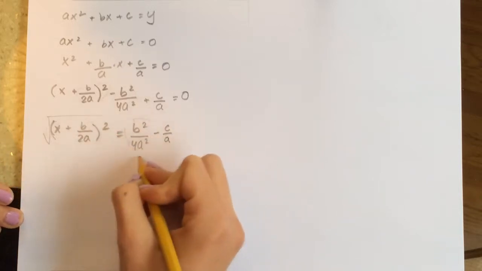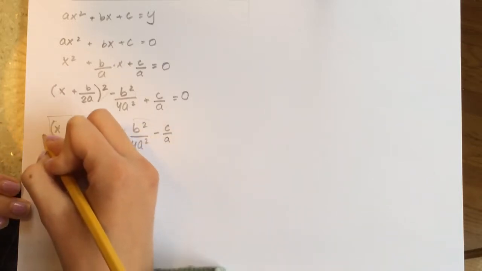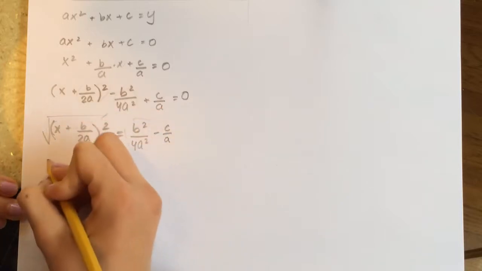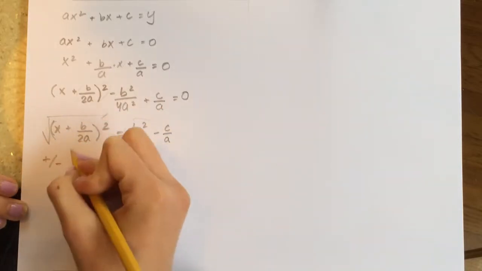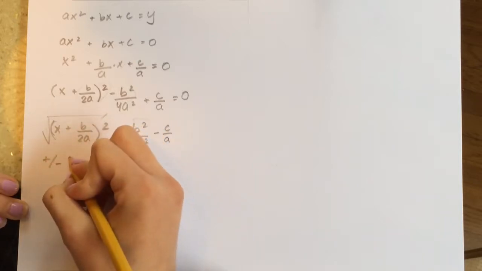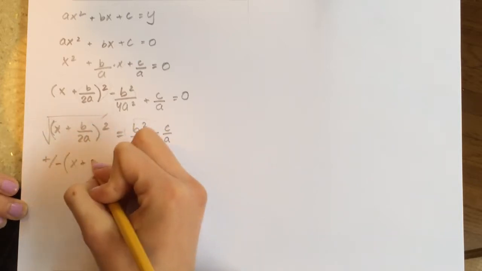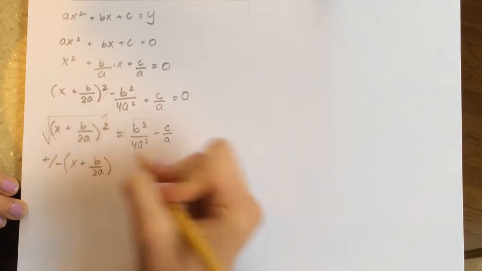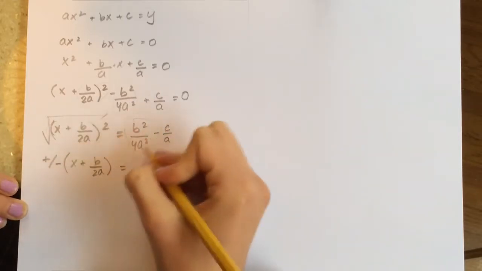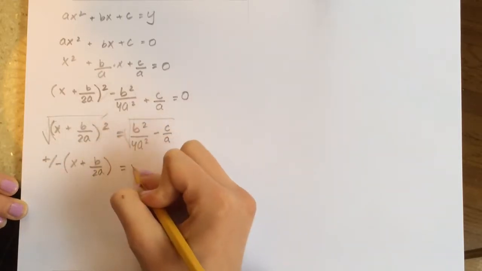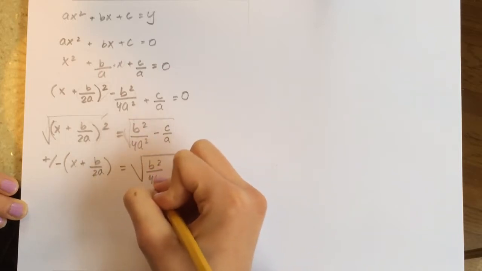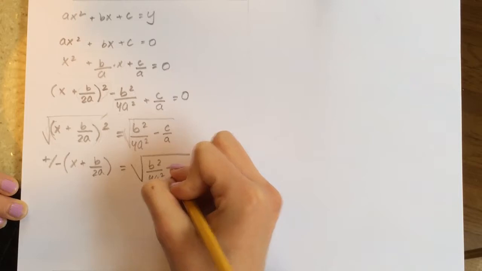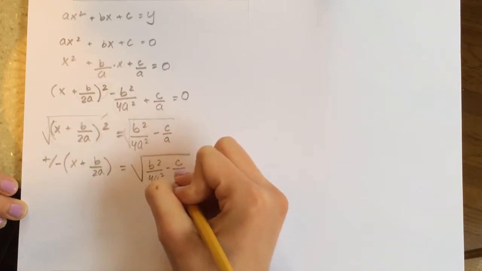So what we actually want to write is, as these two get canceled, it would be positive or minus, positive or negative, this whole thing. Because either one would work. And then we're also square rooting this: b squared divided by 4a squared minus c divided by a.